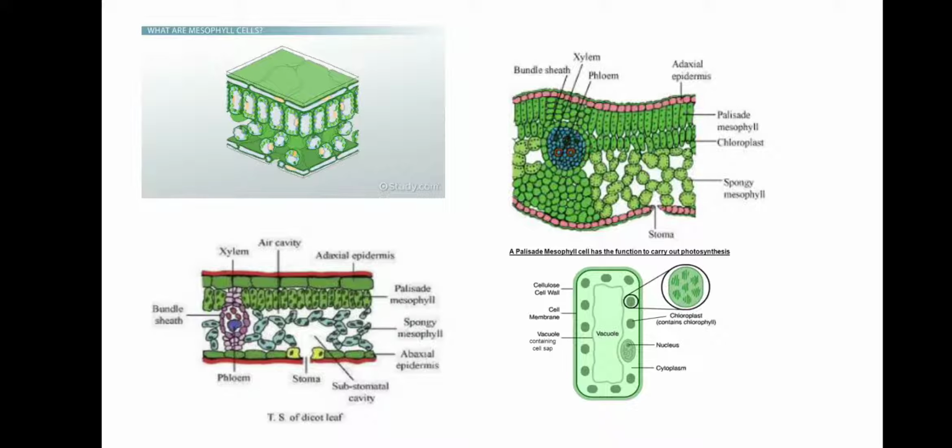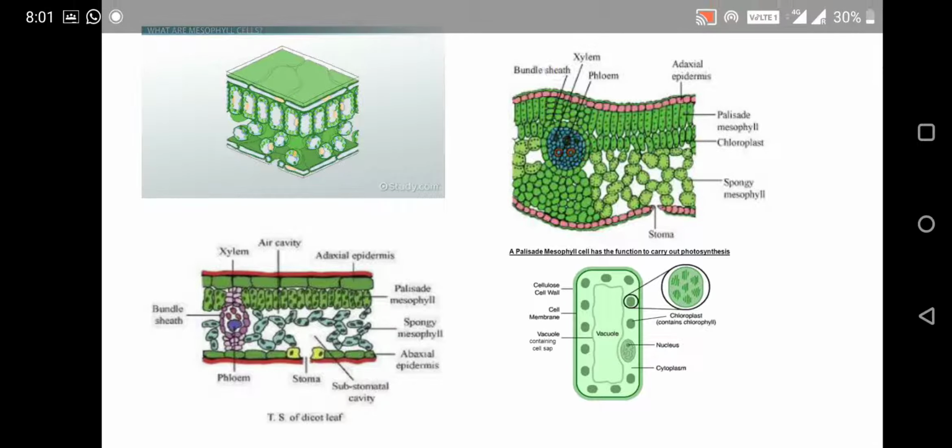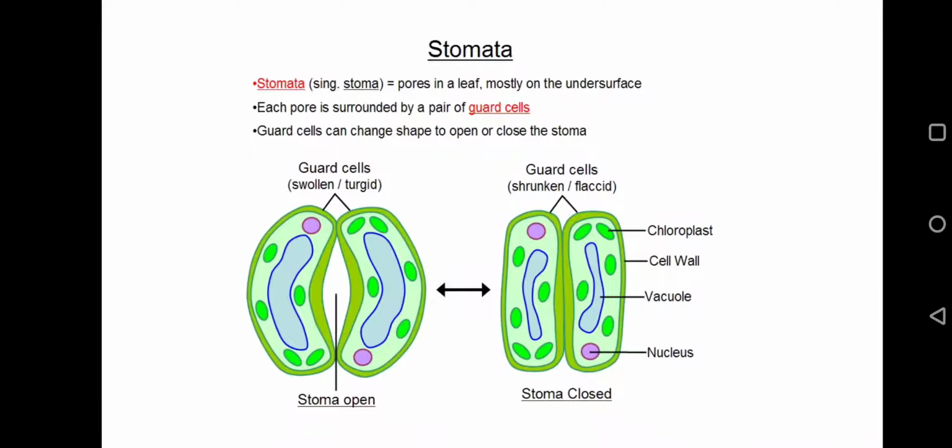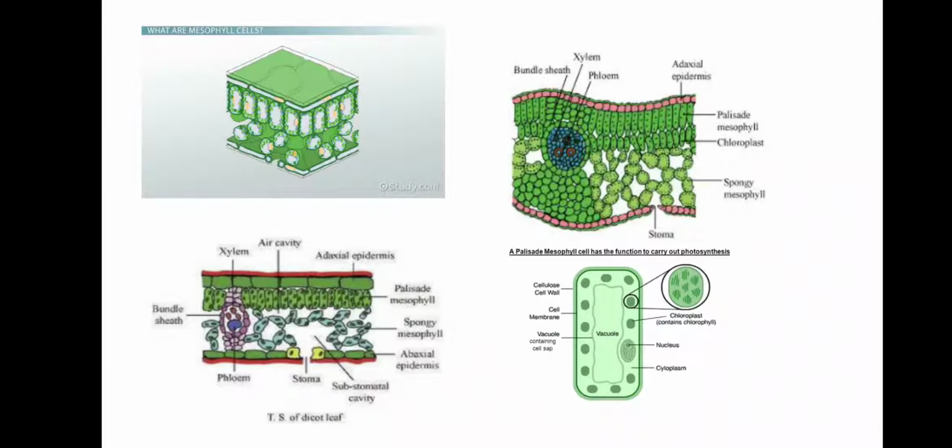You see there are chloroplasts in the leaves. This is a transverse section of a leaf, and you can see the stomata here.